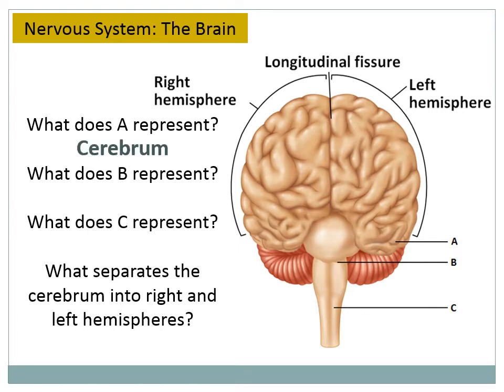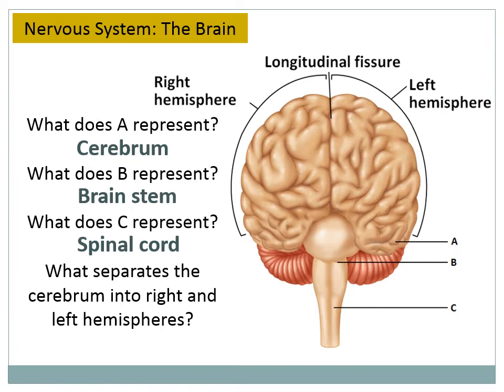What would B represent? That is your brainstem, and we'll talk more about your brainstem just a little bit here. And what does C represent? Good, it represents your spinal cord, right? That inserts right into the vertebral foramen of our spine or of our vertebra.